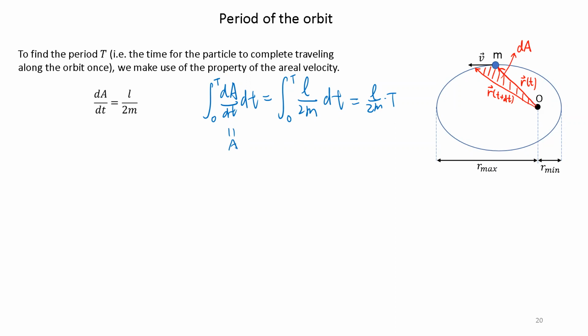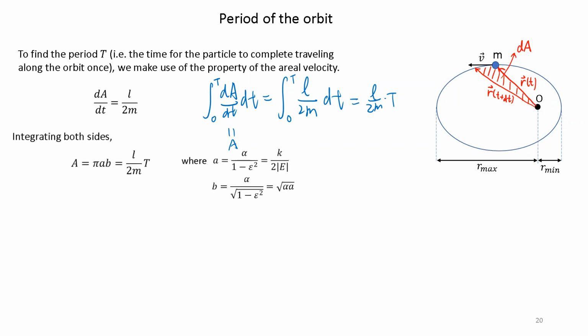If I just do the integral, this is what I get. Remember how this A and B can be related to this alpha and epsilon, as I showed you earlier, and this alpha and epsilon are related to the physical parameters which are given here and here.